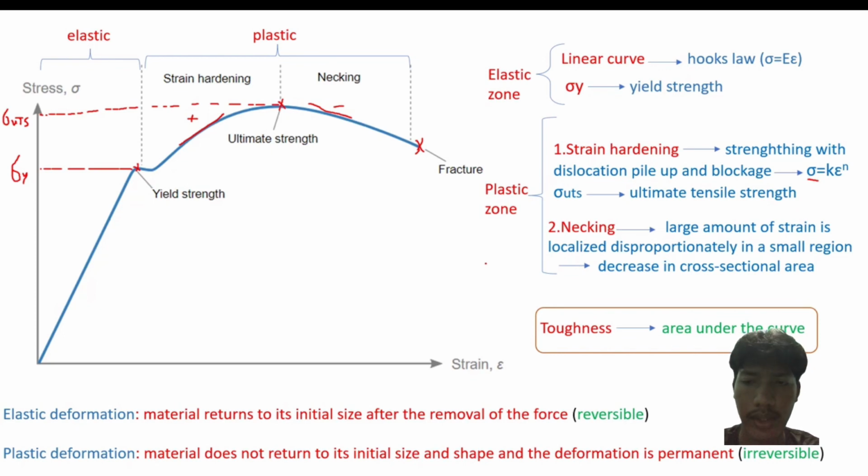Another concept related to this stress-strain curve is toughness. Do not mistake it with strength. Strength is the ability of the material to resist stress, that is, to resist plastic or elastic deformation.